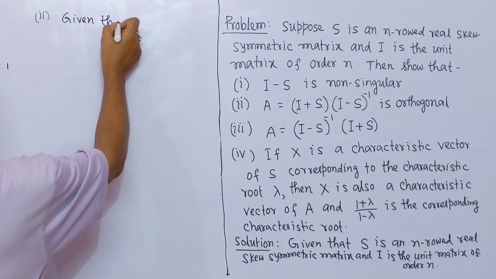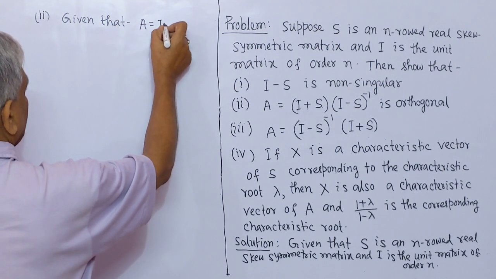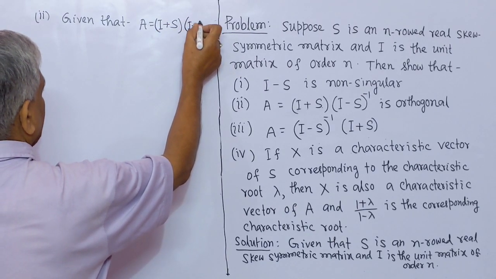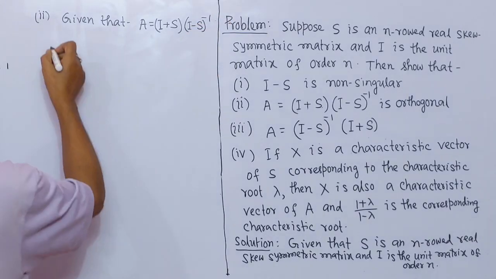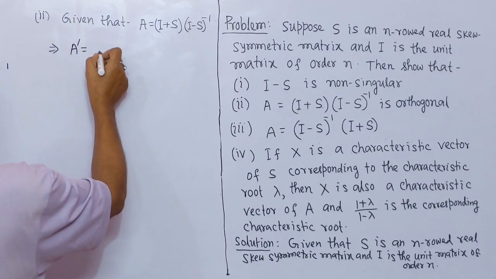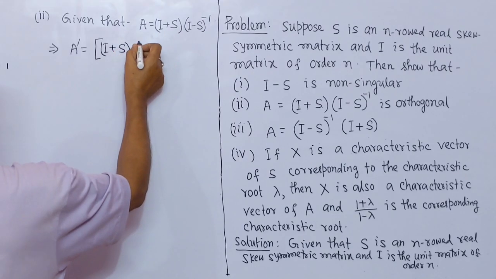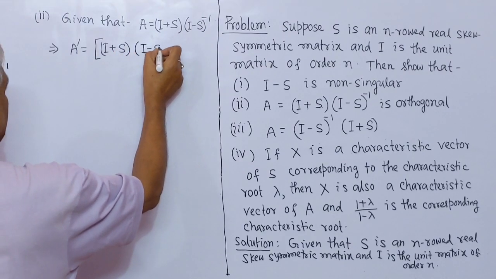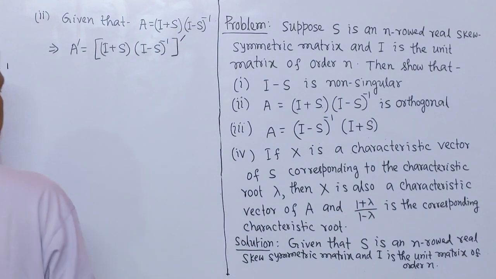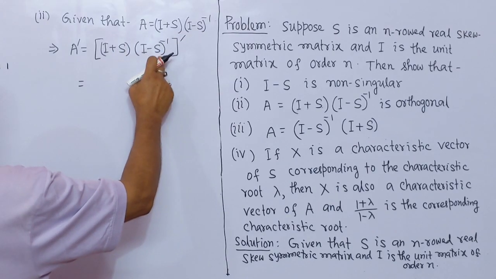Given that A equal to I plus S into I minus S whole inverse implies that transpose of A equal to I plus S multiply I minus S whole inverse, transpose. This equal to, here we have the transpose of product of two matrices.